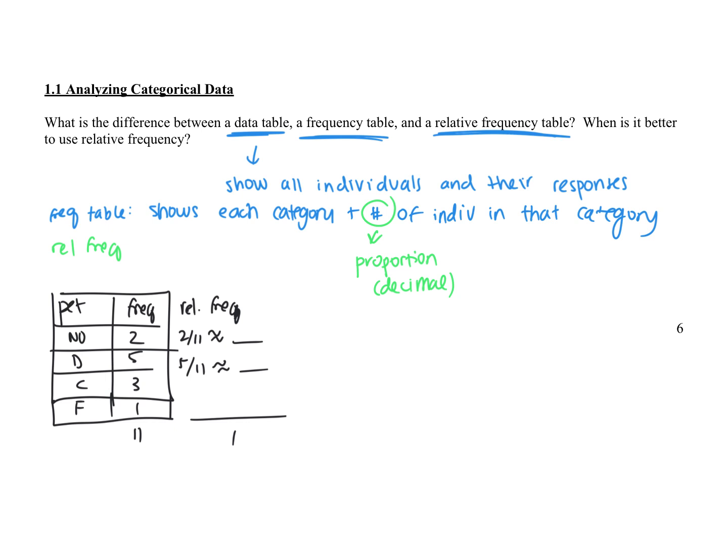You can use frequency or relative frequency. I normally use frequency because I'm lazy and I don't want to change it to a decimal. But there's sometimes you have to use relative frequency. So you have to use relative frequency when you are comparing different data sets.